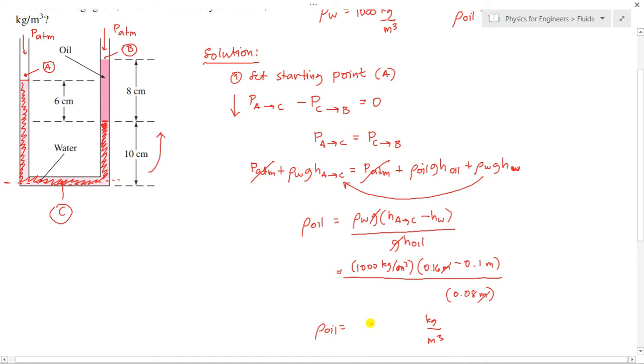The density of the oil is therefore 1,000 multiplied by 0.16 minus 0.1 divided by 0.08. So the answer is 750 kilograms per cubic meter. That is the density of our oil.